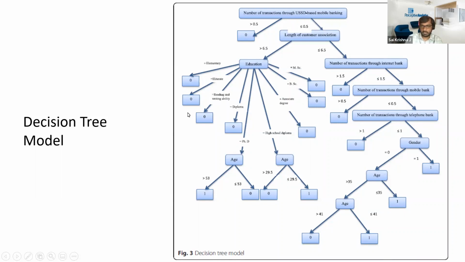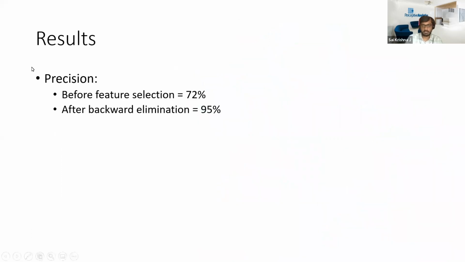And the last node of the decision tree is basically whether or not the person has churned coming via that particular journey. Okay, so this was the model that they built, and the results of the model were as follows. So in these kinds of models, you generally don't consider the accuracy of the model, but rather you consider the precision.